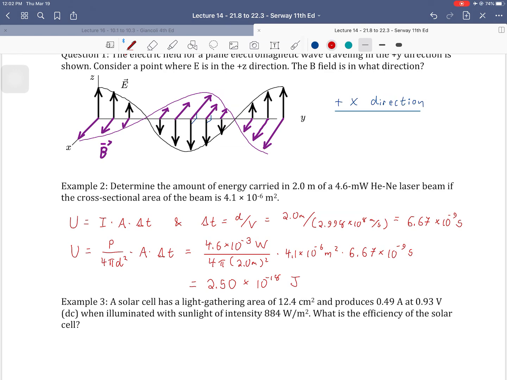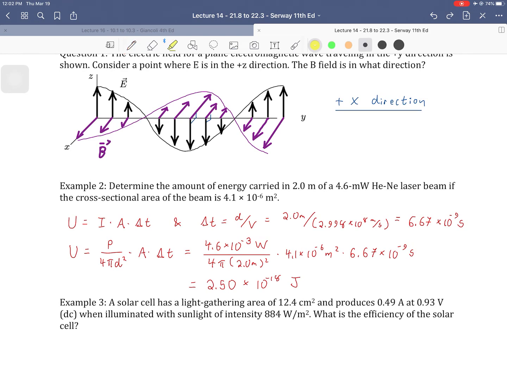I don't want to underestimate the amount of energy, because here I'm saying, okay, well, that's the total energy in the beam, but the beam length shows up here with d, so that's where we have the 2 meter distance. So that's giving us the intensity at the end of the beam. So determine the amount of energy carried in 2 meters of a 4.6 milliwatt beam cross-sectional area.